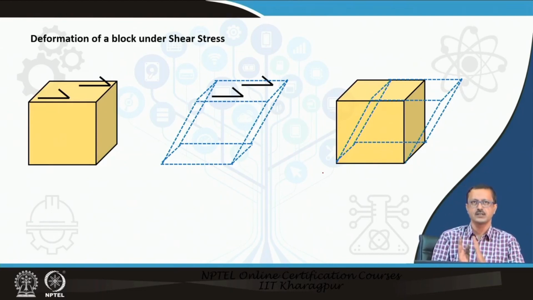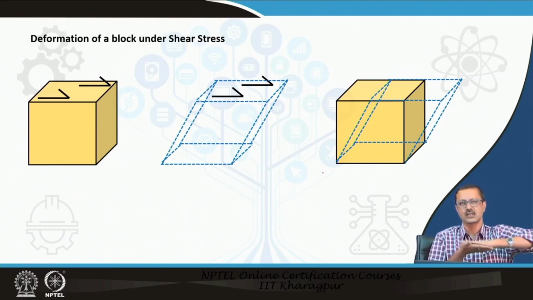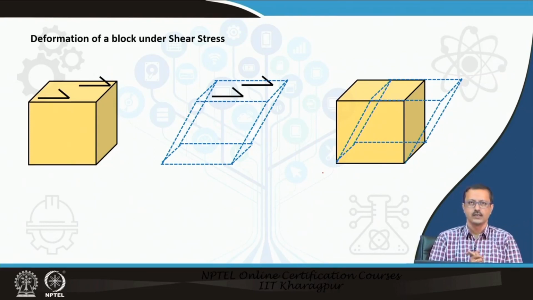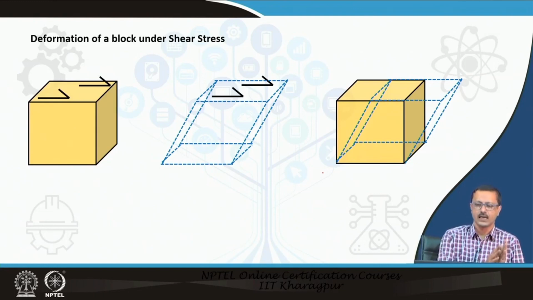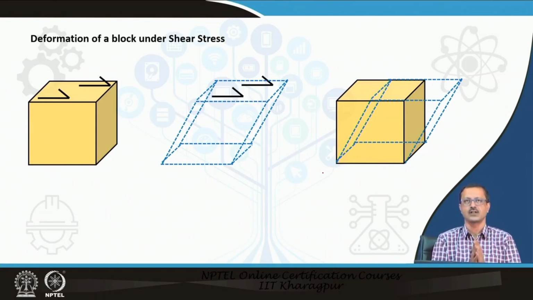This deformation is occurring due to the shear stress, not due to the axial stress, that is the tensile or compressive stress. It occurs because of a tangential force or stress applied on the top of the body.